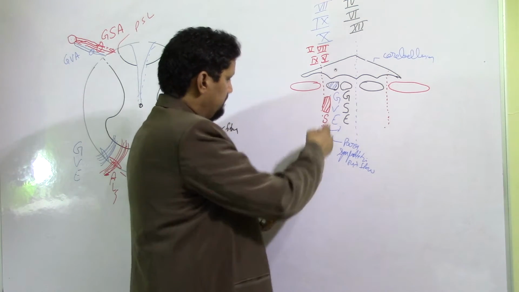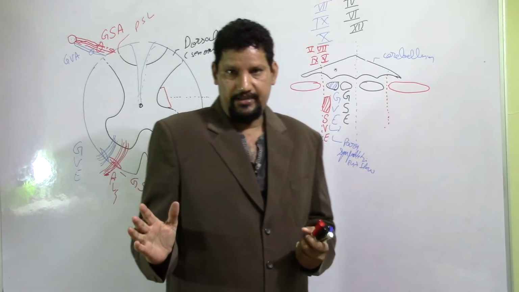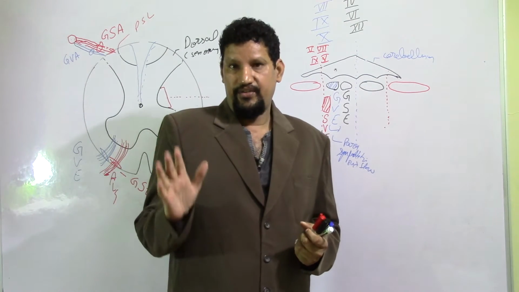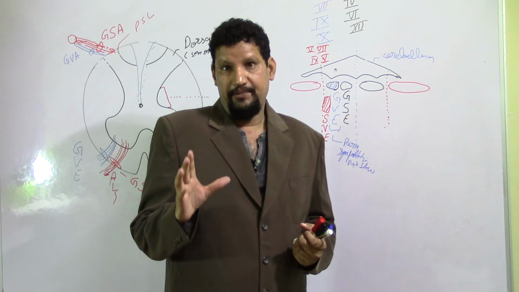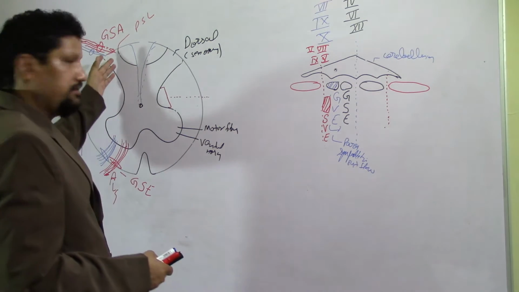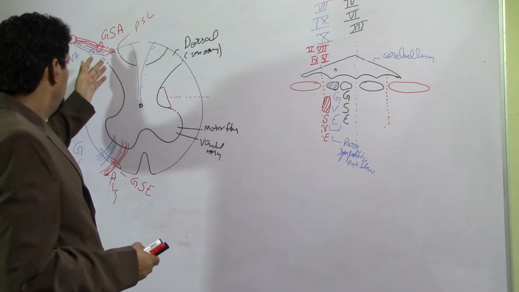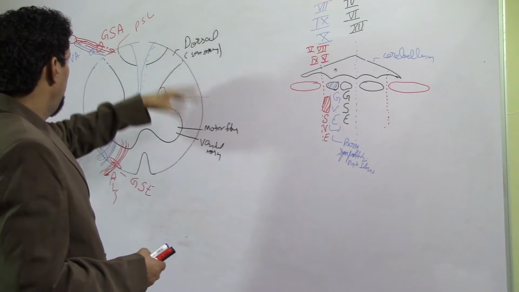And now this is the sulcus limitans. In the lateral part of the sulcus limitans, there are afferent or sensory components of the brainstem. I have already told that this part is open from behind.